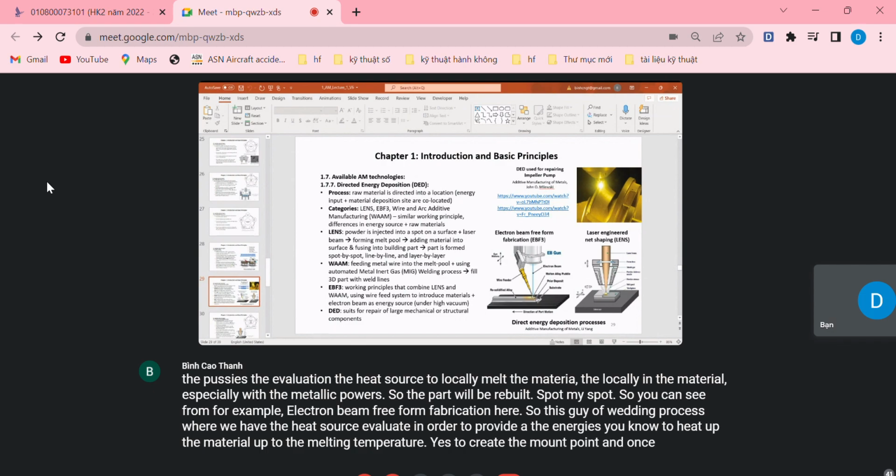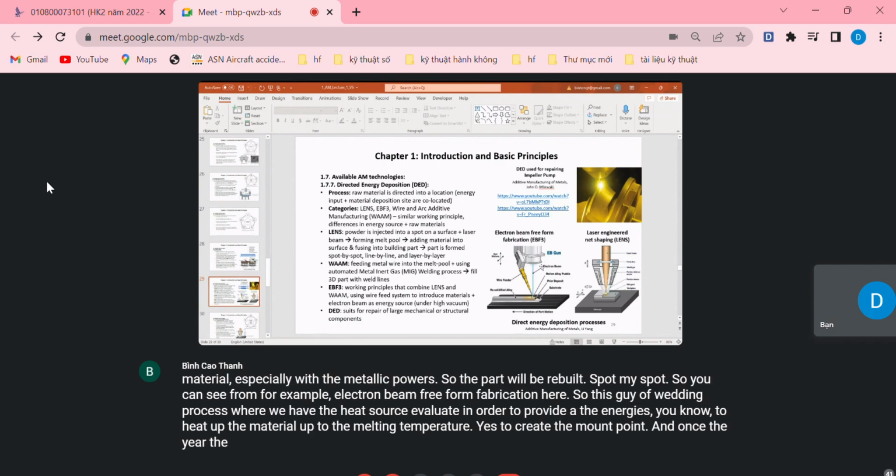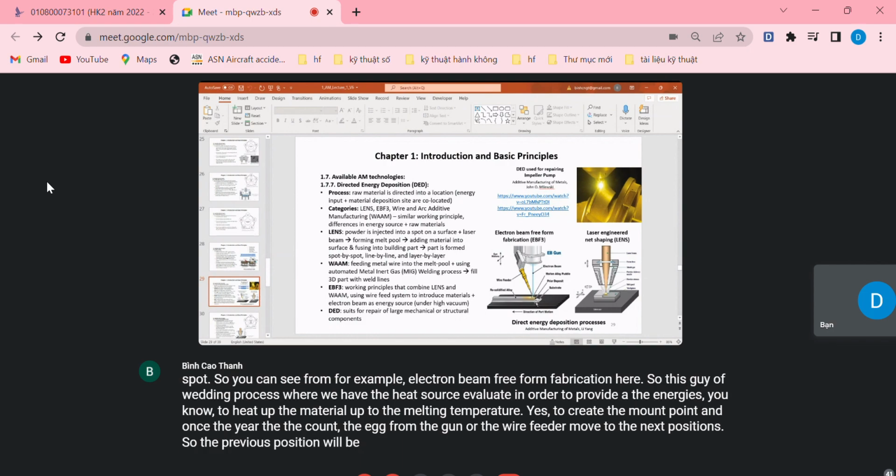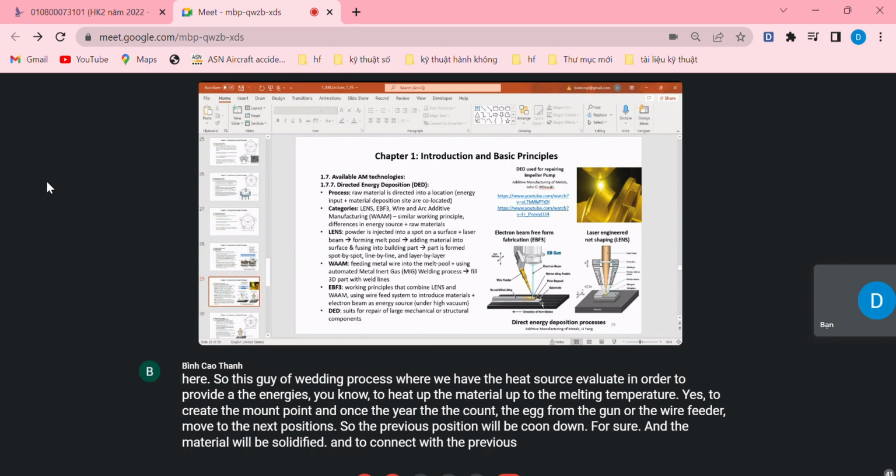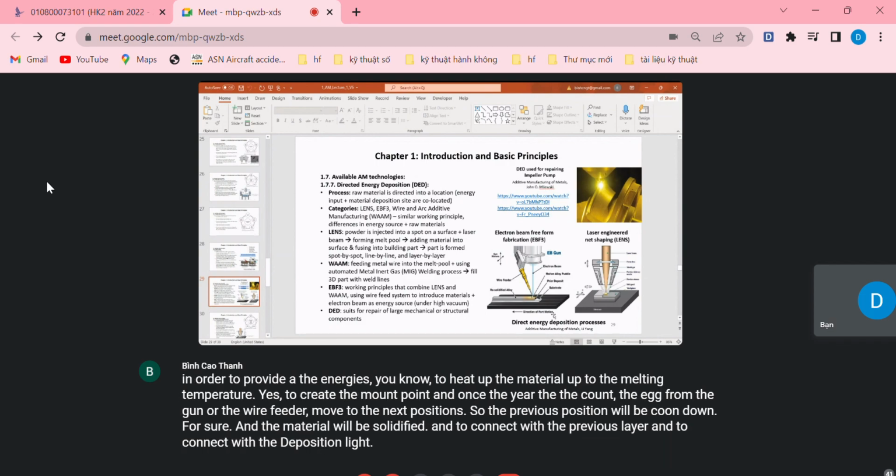And once the electron beam gun or the wire feeder moves to the next positions, the previous position will be cooled down and the material will be solidified, and connect with the previous layer and with the deposition line.